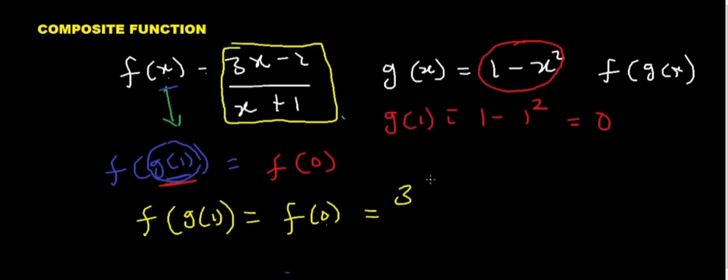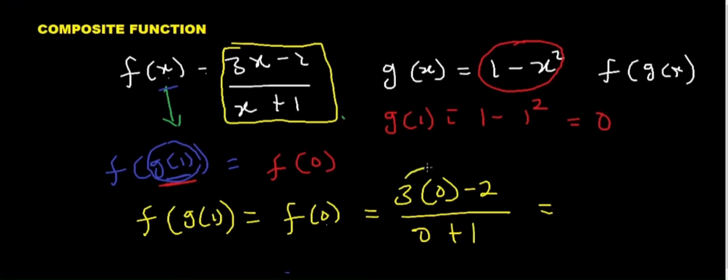So I have 3 into 0 minus 2 over 0 plus 1. 3 times 0 is 0, so I have 0 minus 2 over 1, and that is minus 2. So very simple.